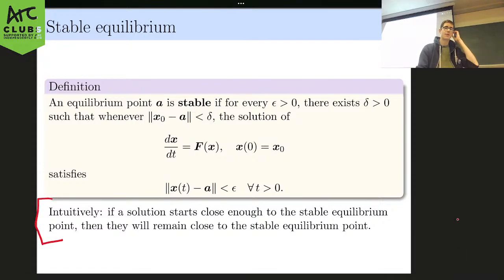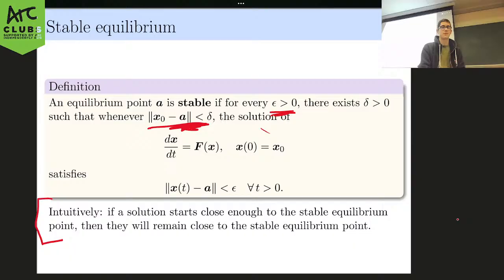But the precise definition is that if we're given some epsilon, this delta always exists such that if we start close enough to A in terms of delta, then the solution to the differential equation will also always stay close enough to A in terms of epsilon.